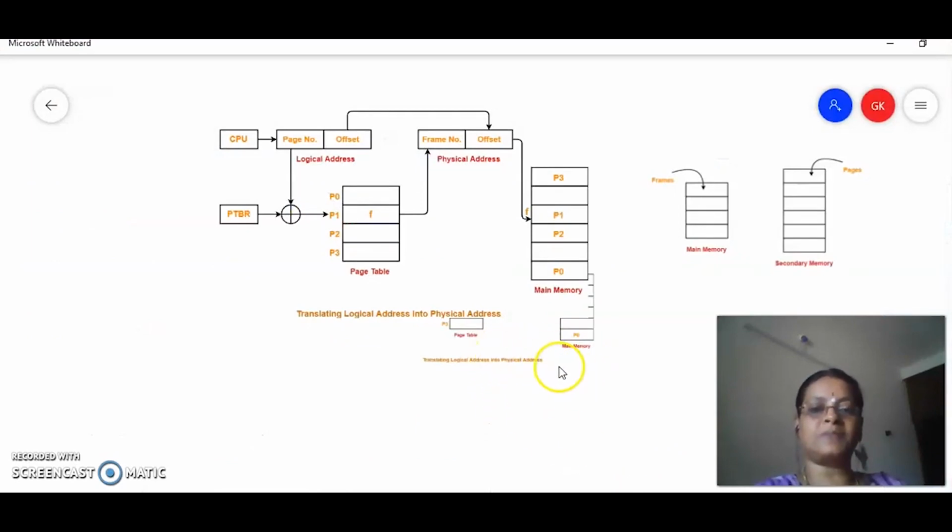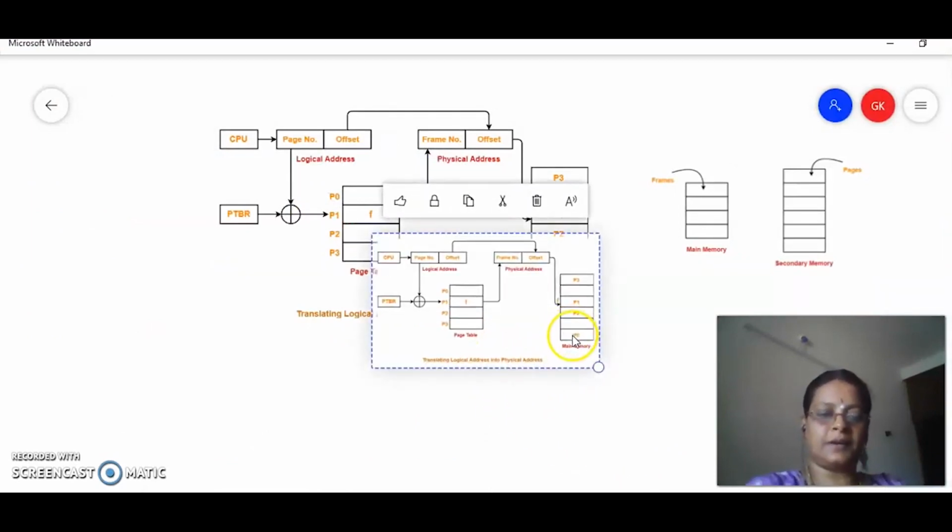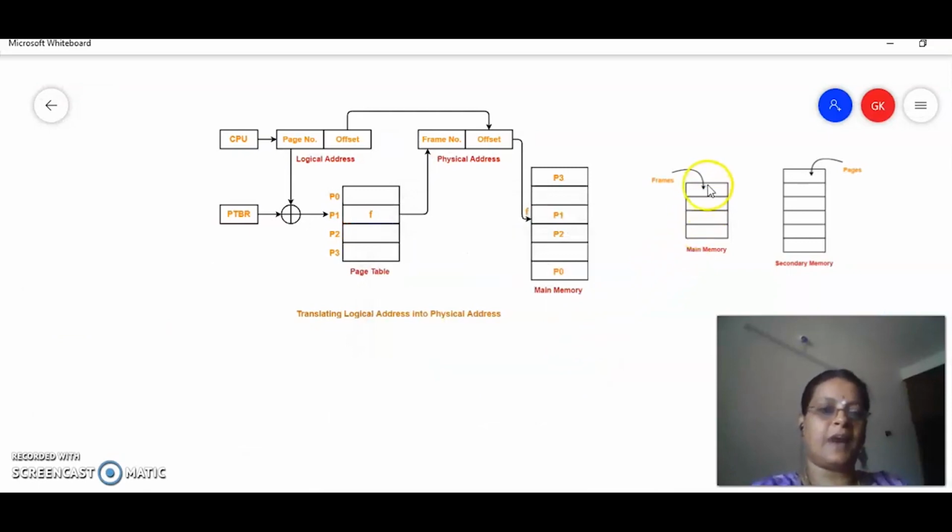If you observe this diagram, here we have the partitions, and we have already discussed that the memory has different partitions in the memory hierarchy. We have the CPU, and inside the CPU we have the registers, which are at the lowermost level.